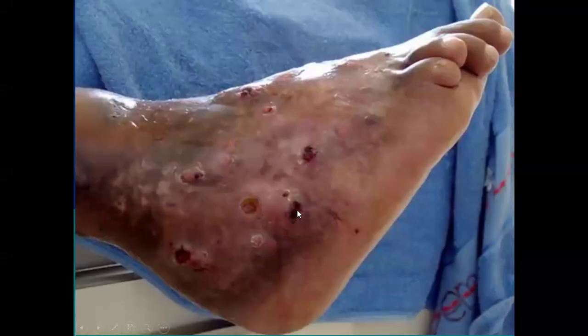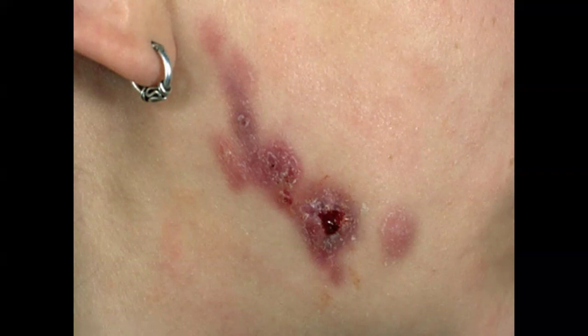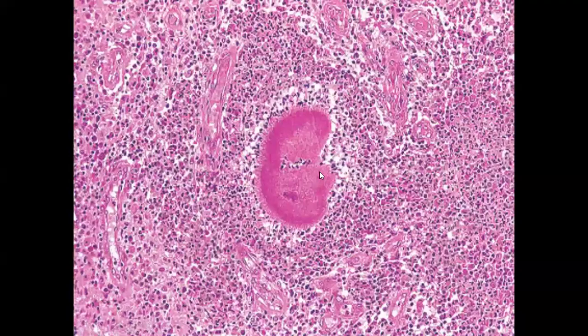A typical appearance of a farmer working barefoot in the field is that of mycetoma foot with multiple draining sinuses. This is a similar condition in which you could see multiple sinuses over the bone or over the lymph nodes. This is actinomycetoma.